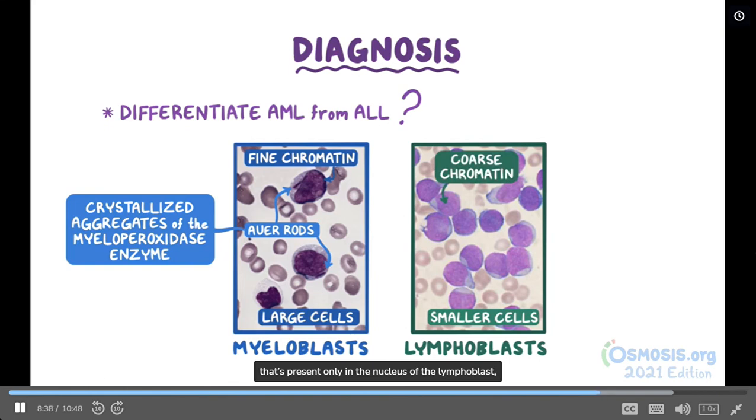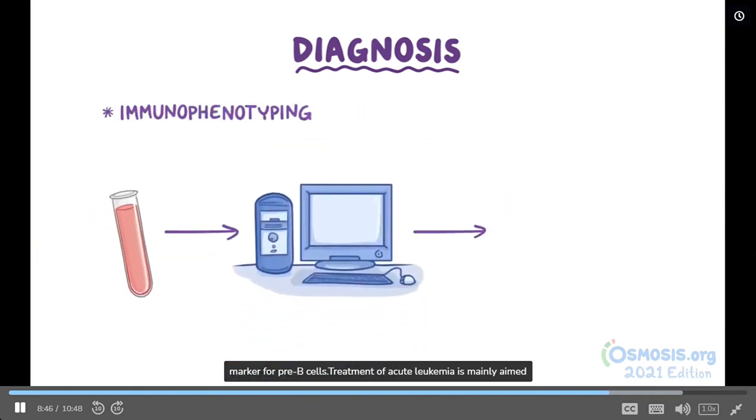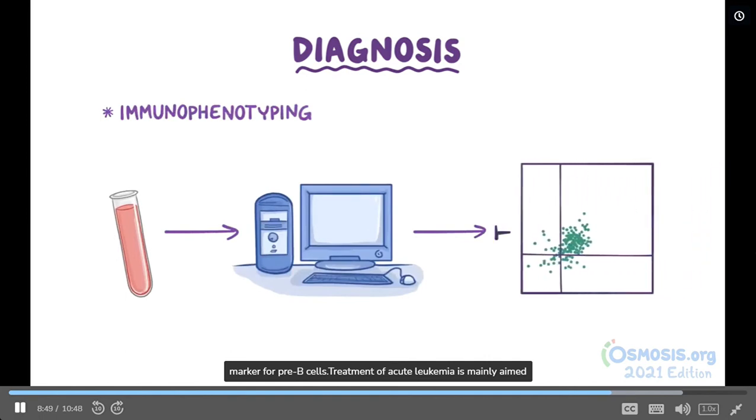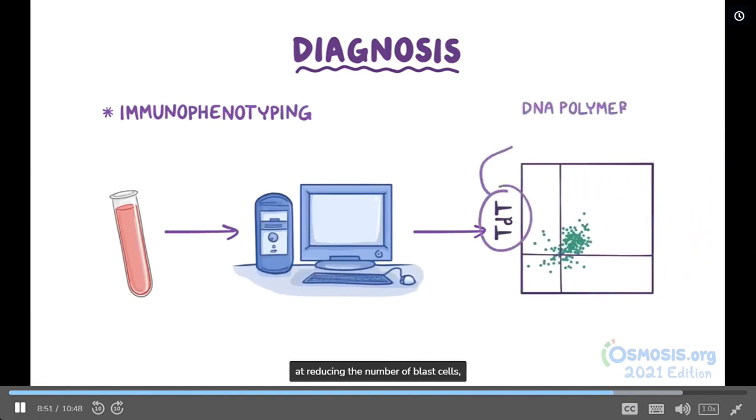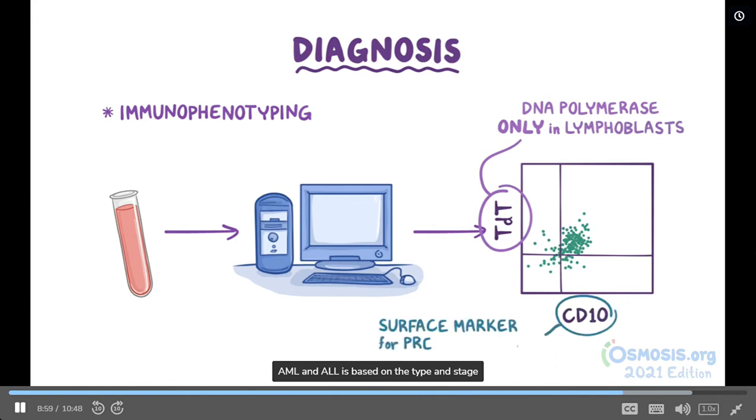Lymphoblasts have very little cytoplasm, which has glycogen granules. In addition, immunophenotyping is done to detect certain markers. For example, TdT, which is a DNA polymerase that's present only in the nucleus of the lymphoblast, is therefore a marker for them, and CD10 is a surface marker for pre-B cells.